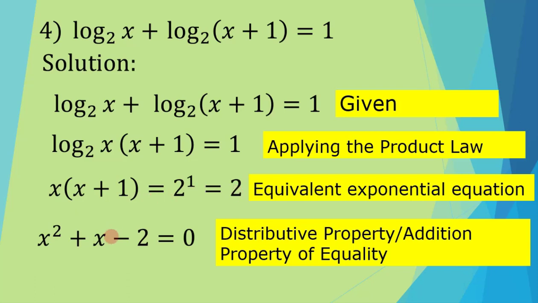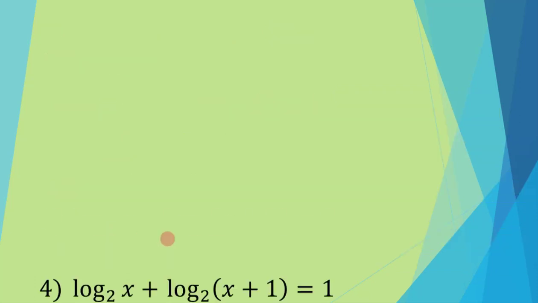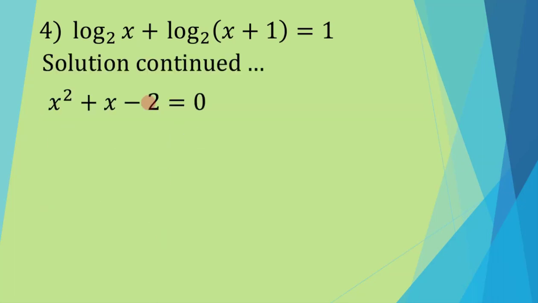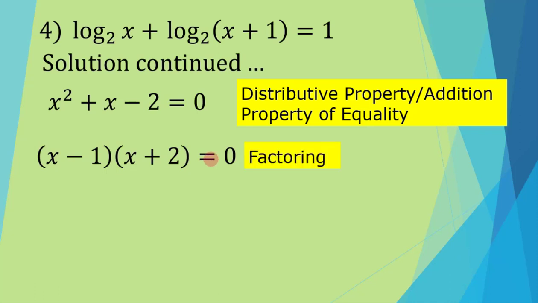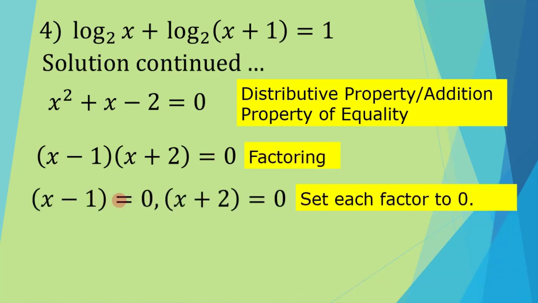So this becomes 0 and this becomes negative 2 here. So that justifies it. Then we have to factor out this expression. The factors are x minus 1 and x plus 2 equated to 0. Then set each factor equal to 0 and solve for x.